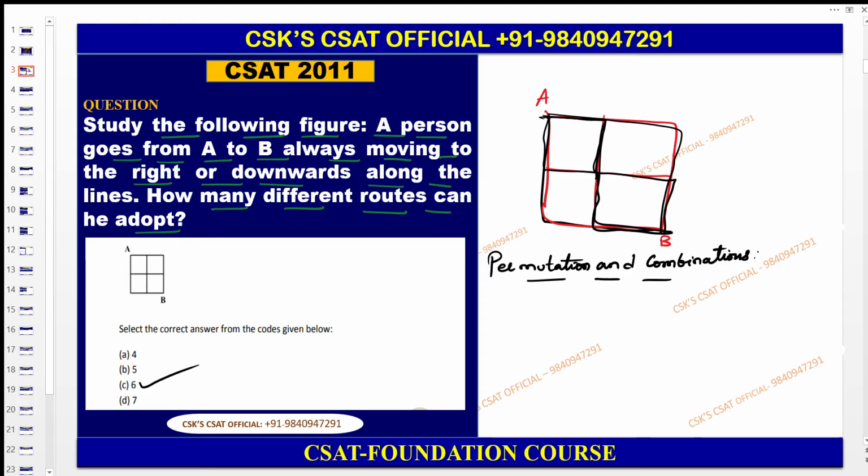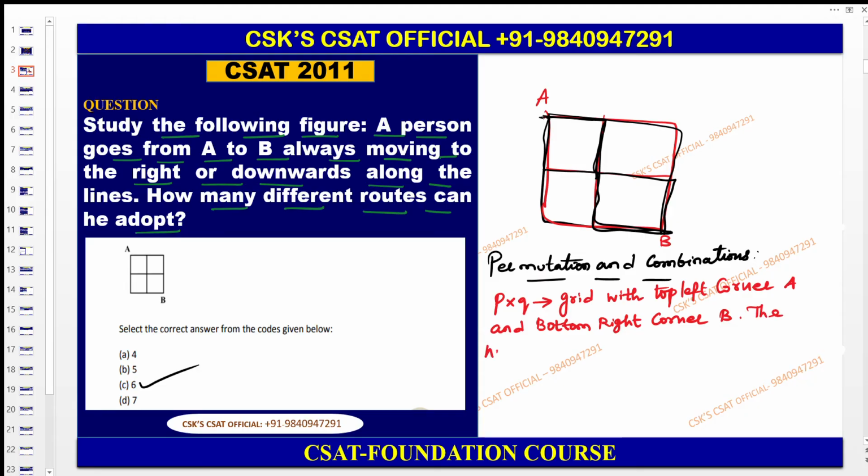Consider P into Q be a grid with the top left corner A and bottom right corner B.